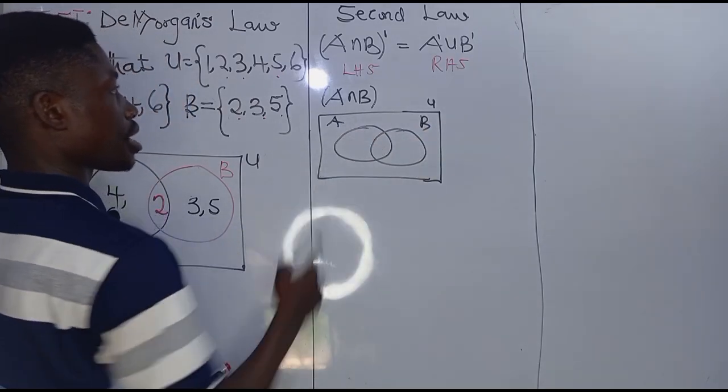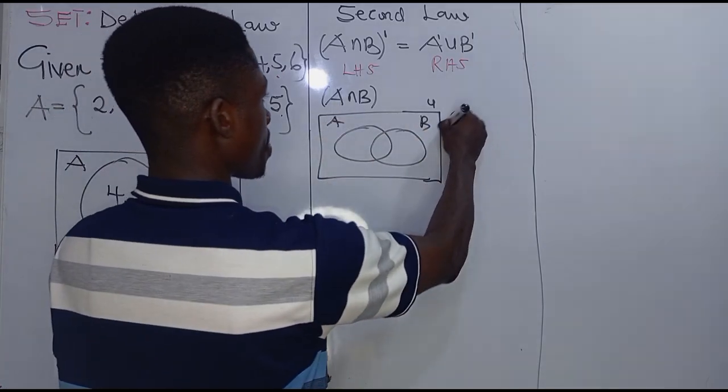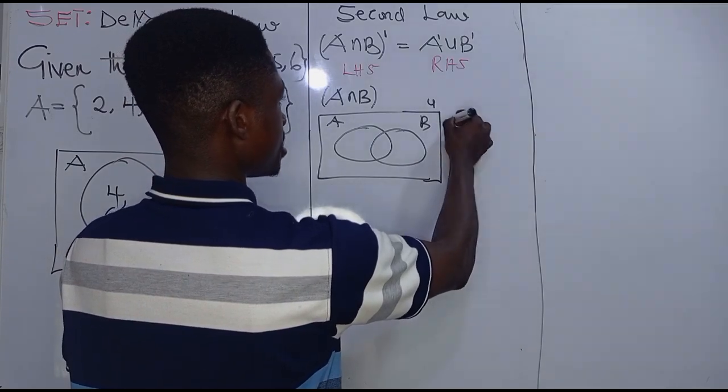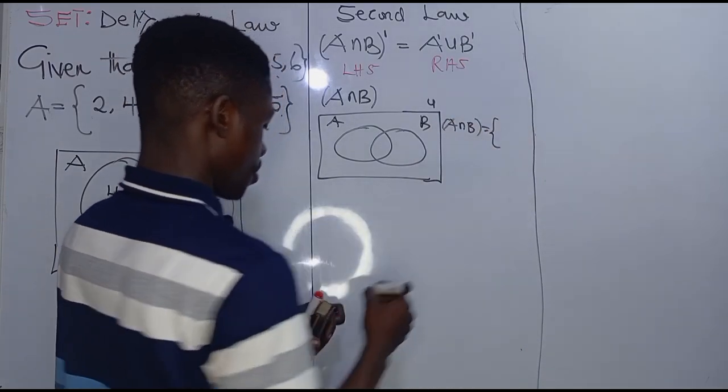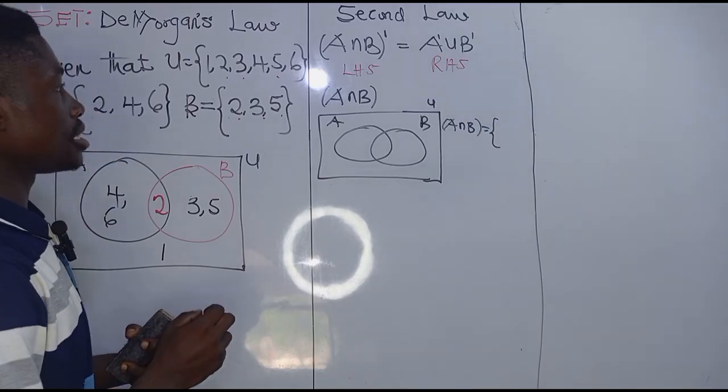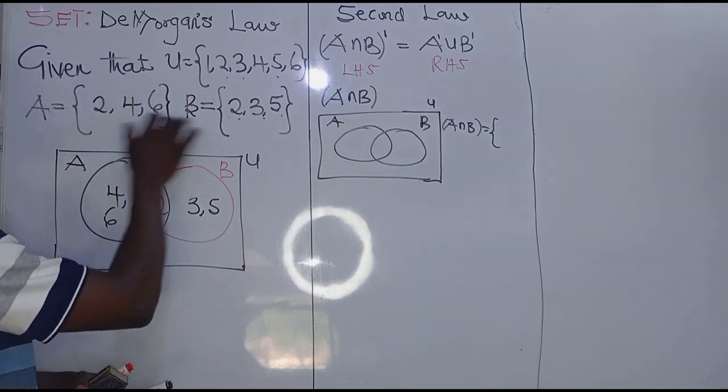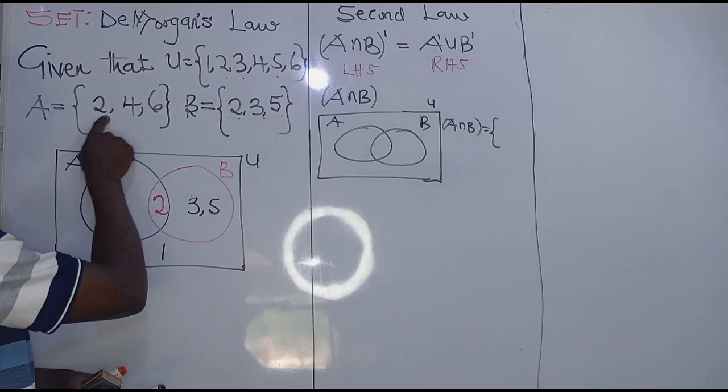Good. So we have to find A intersection B. A intersection B means we are to look for all those elements that are common to set A and set B. We have what? We have only two.